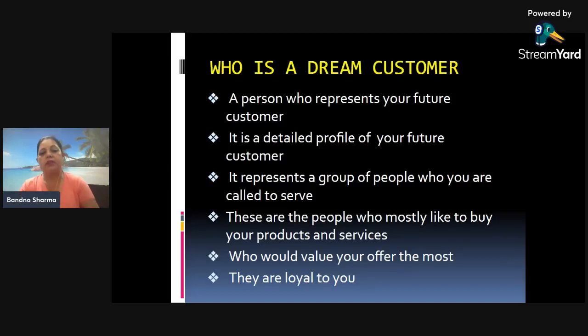And it represents a group of people. Now, your dream customer, you have to figure out as a single person, but that single person will represent a group of people who you are called to serve, right? So you are not here to serve everyone, and you are not here to serve only a single person.